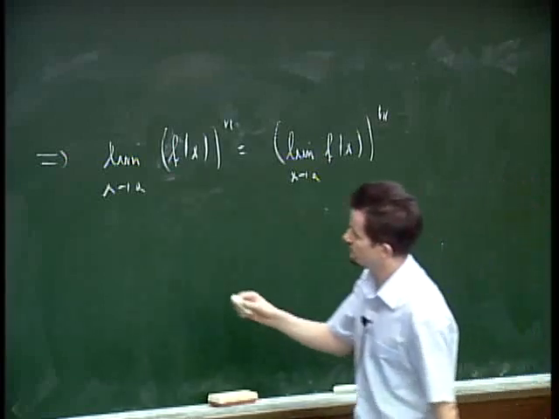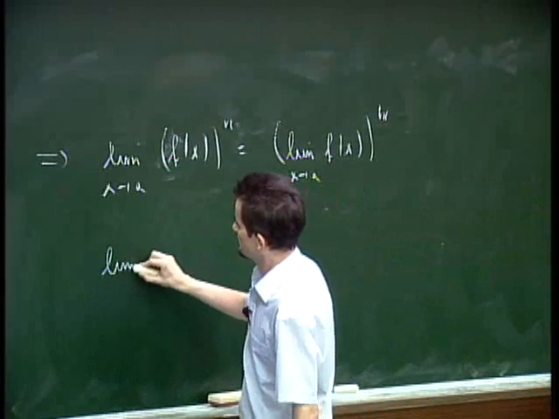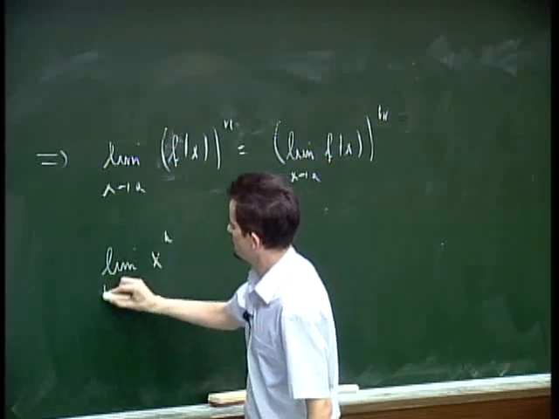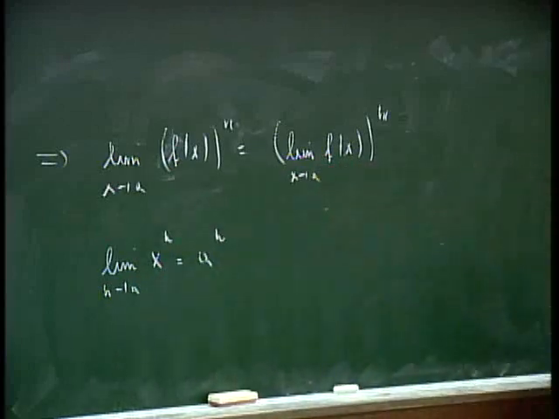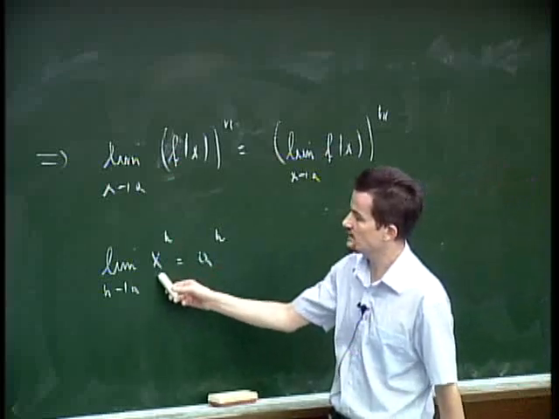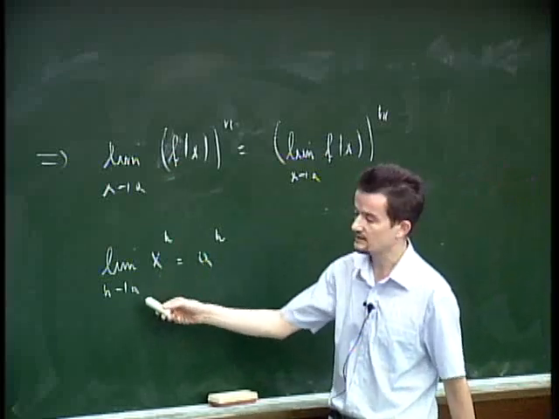Now, this has, for instance, the consequence that the limit of x to the n as x tends to a is equal to a to the n. Okay? So for a power function, it's very easy to find the limit. You just evaluate at a.